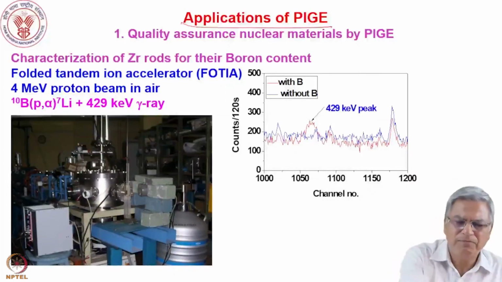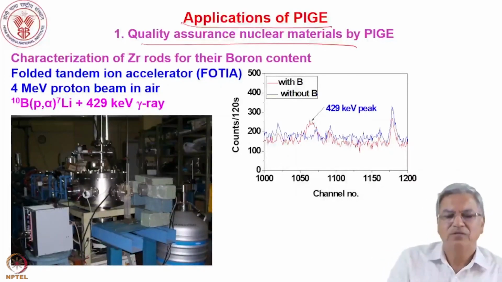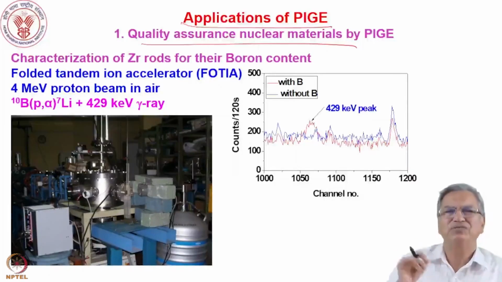So this is one of the experiments we did at FOTIA, quality assurance of nuclear materials. As I mentioned, these are not meant for routine analysis. You just want to determine concentrations. This is a specific application where certain rods contain boron and certain rods do not, so you want to qualify them, to check that there is no mixing.